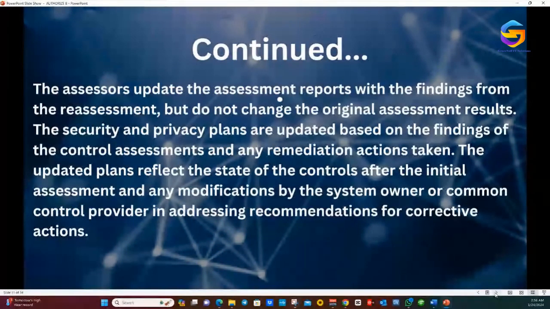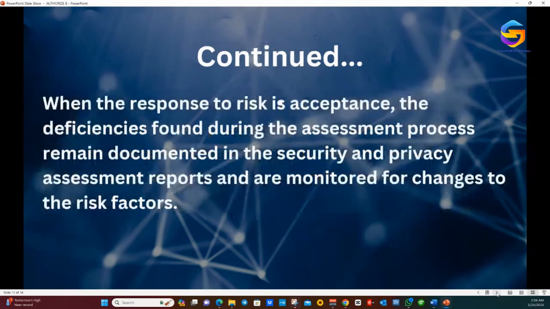The assessors update the assessment report with the findings from the assessment, but do not change the original assessment result. The security and privacy plans are updated based on the findings of the control assessment and any remediation actions taken. The updated plans reflect the state of the controls after initial assessment and any modifications by the system owner or common control provider in addressing recommendations for the corrective action.